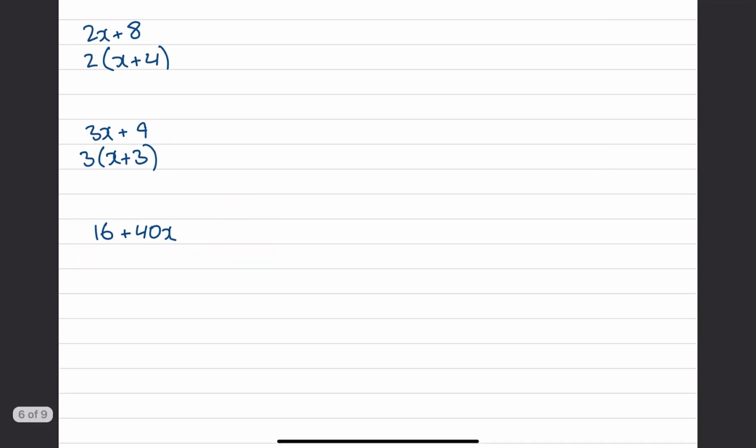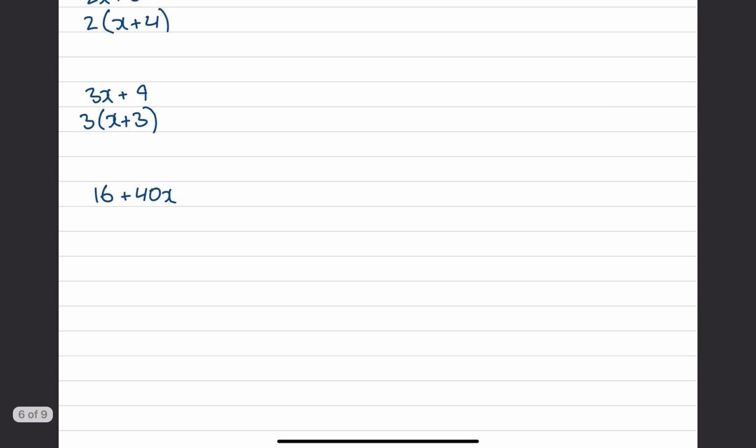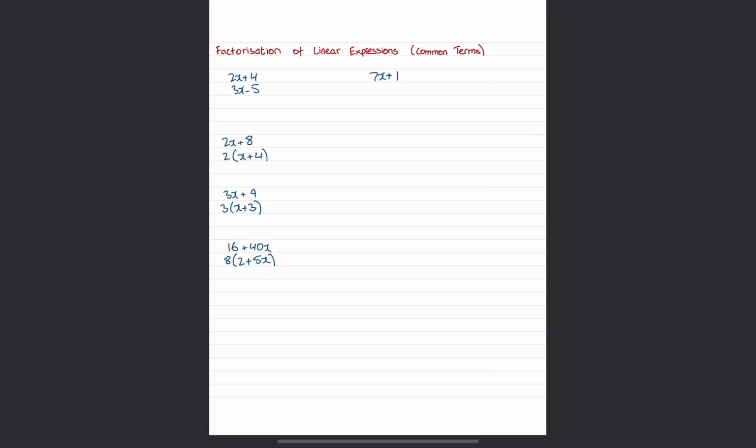Let's just go with the largest one because it won't be further factorizable after we take 8 common. So taking 8 common, we get 8 times 2 plus 5x, and that's as far as this can be factorized. Now this is as far as the factorization of linear expressions goes.